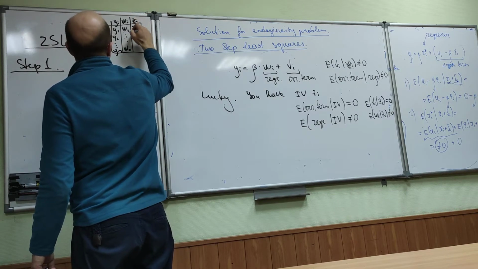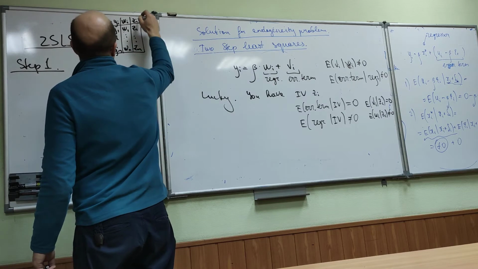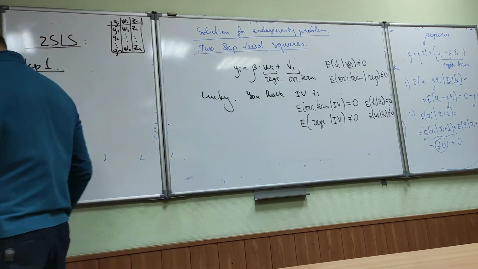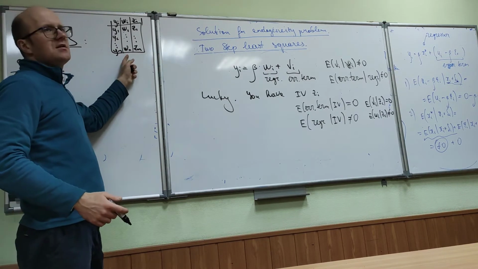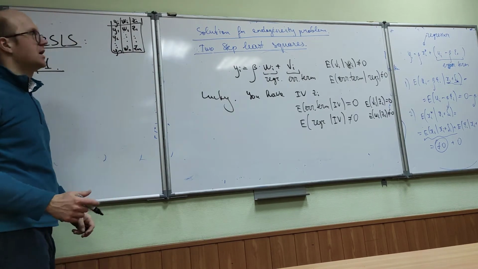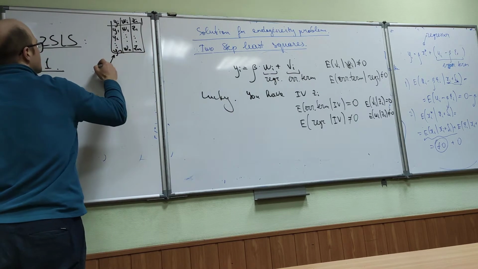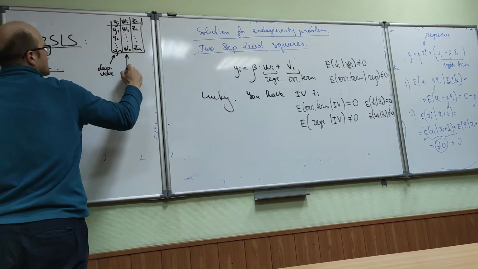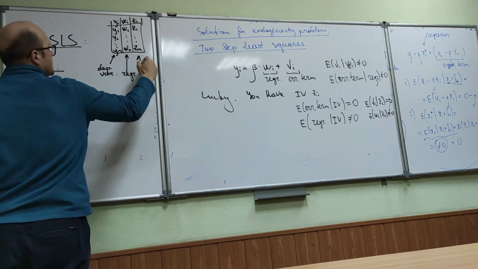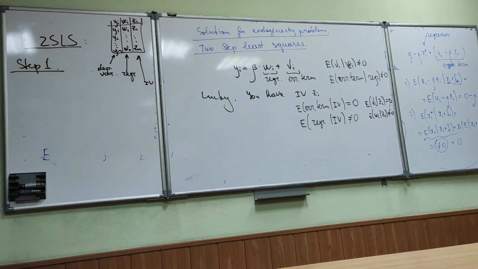So you have the dependent variable, the bad regressor, and the instrumental variable.